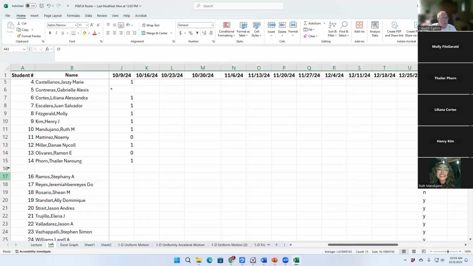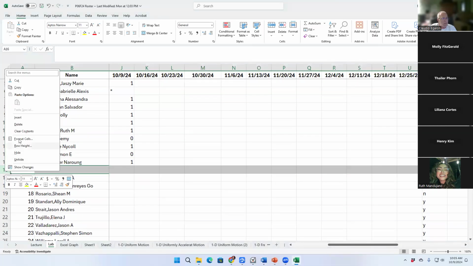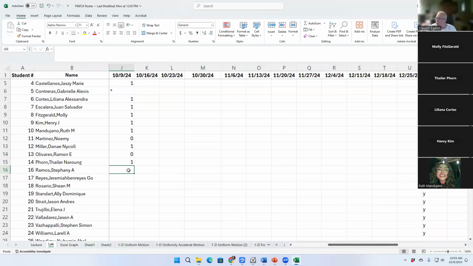Put him at the bottom. Stephanie Ramos. Hello, Stephanie. Stephanie is in my Zoom roster, but looks like she's away from the computer. Jeremiah Reyes. Thank you. Sha Rosario.